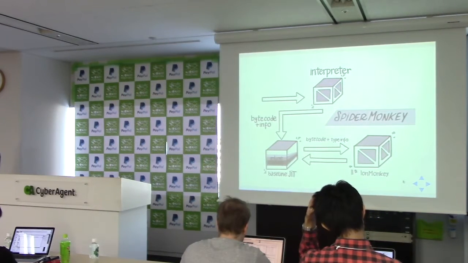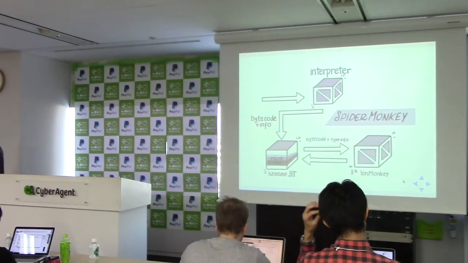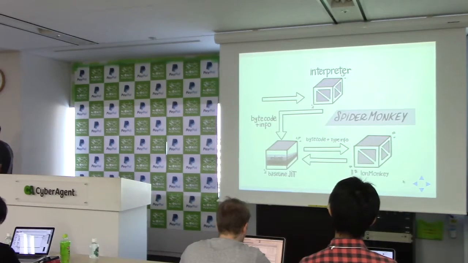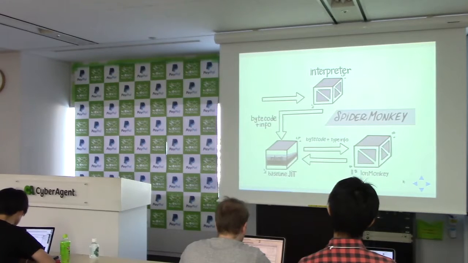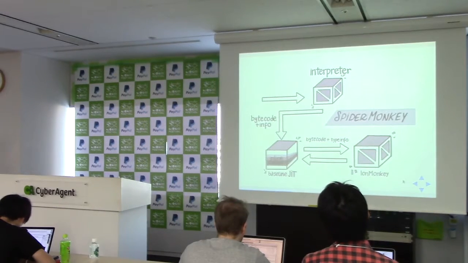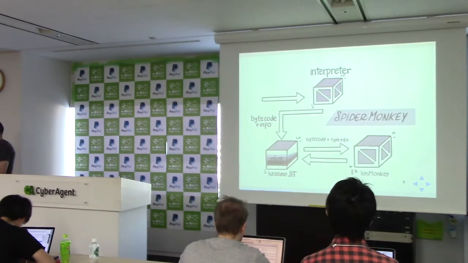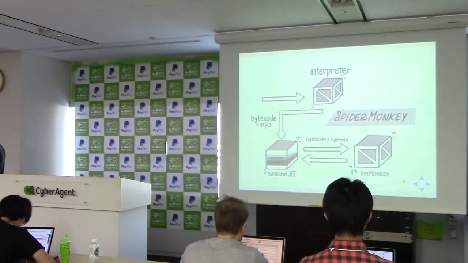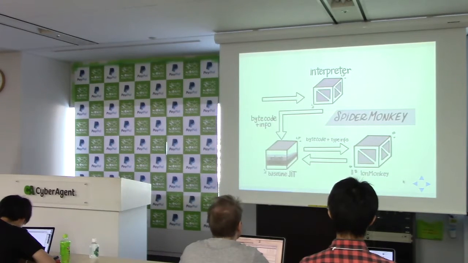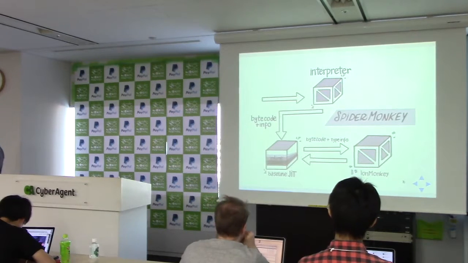So SpiderMonkey will count with an interpreter and two compilers, right? Baseline JIT and IonMonkey, which are the unoptimizing compiler and optimizing compiler respectively.